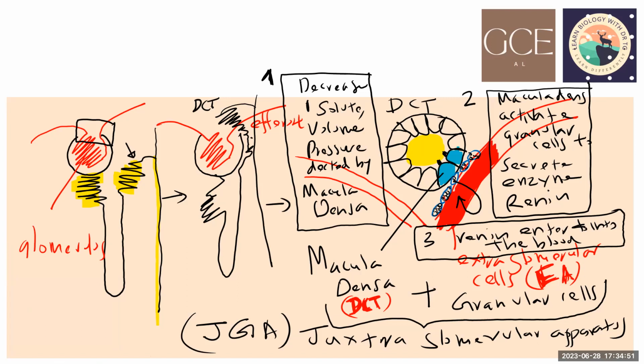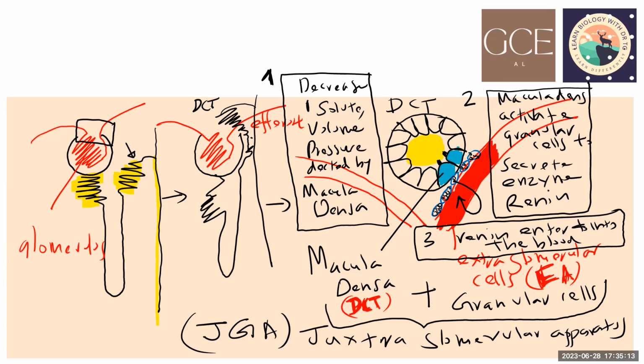So you can also say the juxtaglomerular apparatus secretes renin. So we went into a little bit of detail. What are the exact cells in the juxtaglomerular apparatus that secrete renin? That is the granular cells. After activation of the granular cell by the macula densa, they secrete renin.